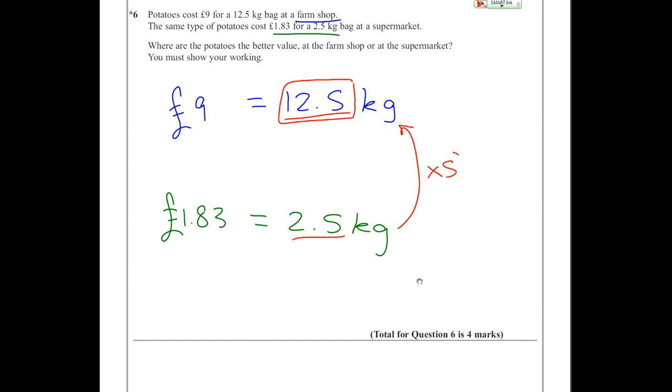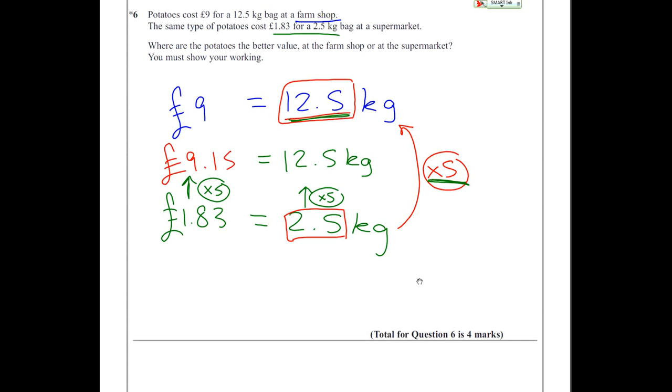It tells you that 2.5 goes into 12.5 exactly 5 times. So if we want to go from 2.5 to 12.5 so that we can compare, we can times by 5. So you do 1.83 times by 5, and that gives you an answer of £9.15.